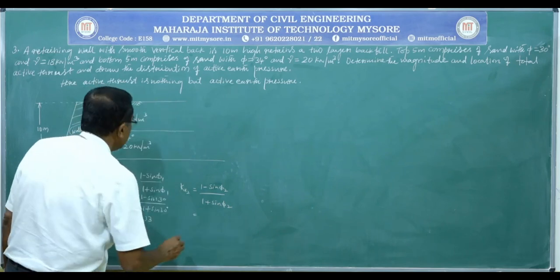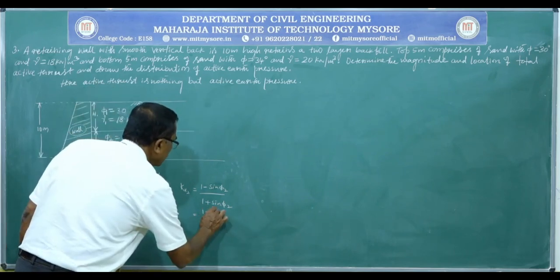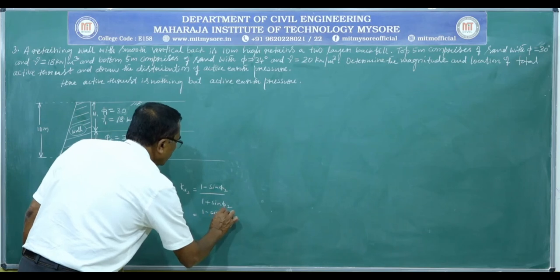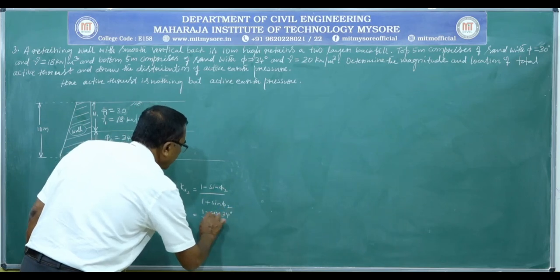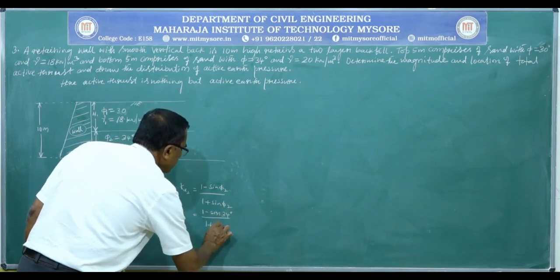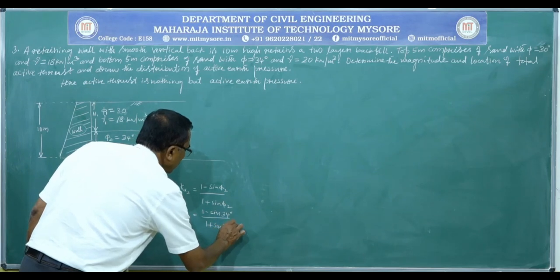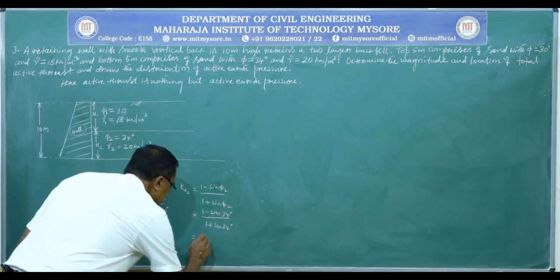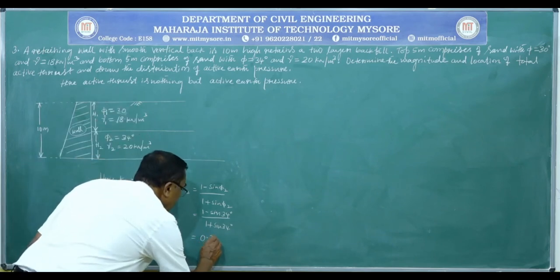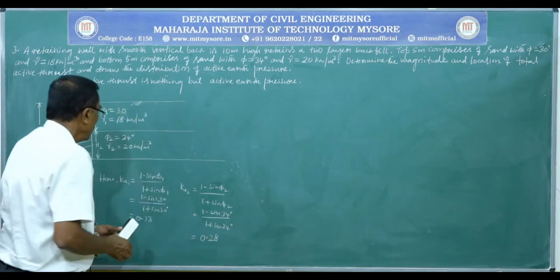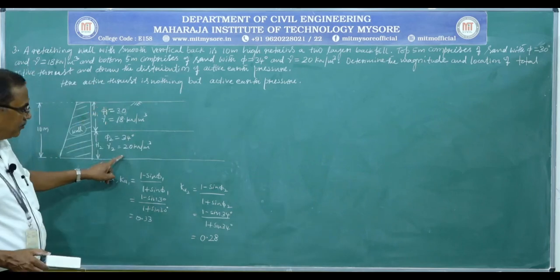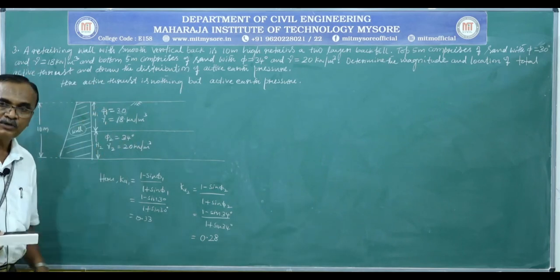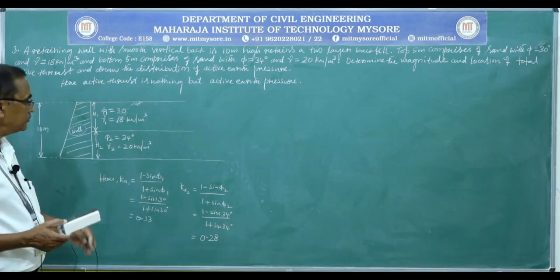So, values are, it is 34 degree, 1 minus sin 34 degree that divided by 1 plus sin 34 degree, you will get 0.28. So, increase in the value of angle of internal friction will decrease the coefficient of active earth pressure.